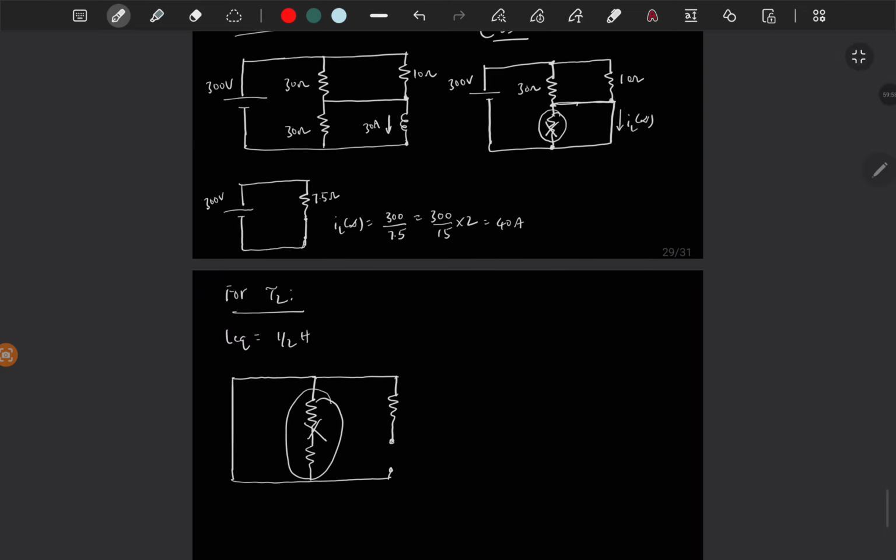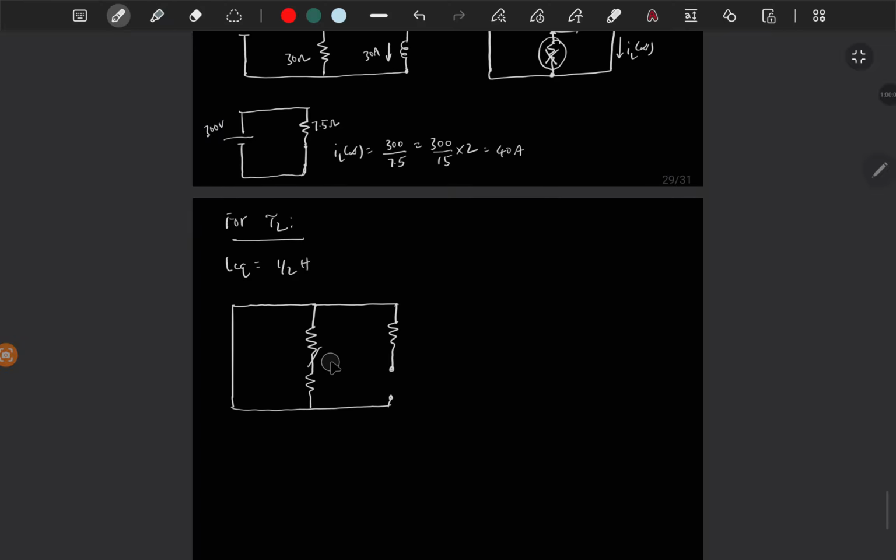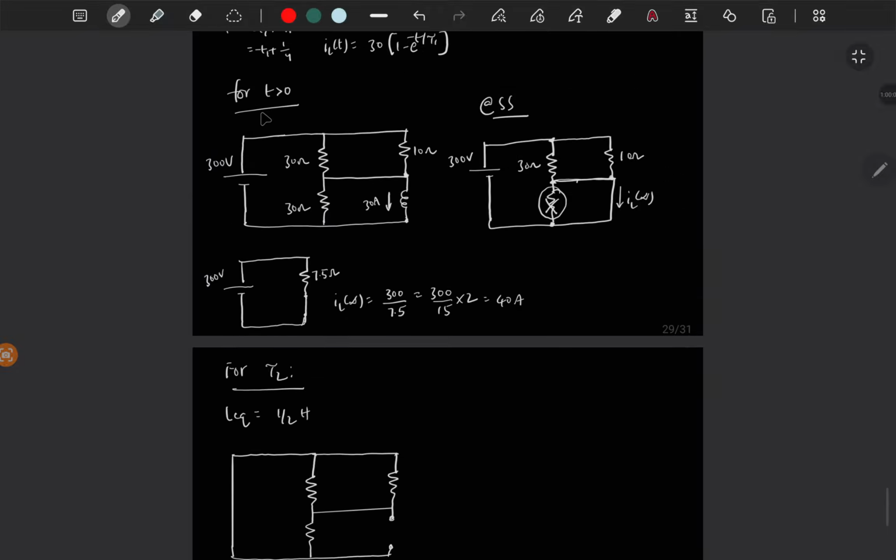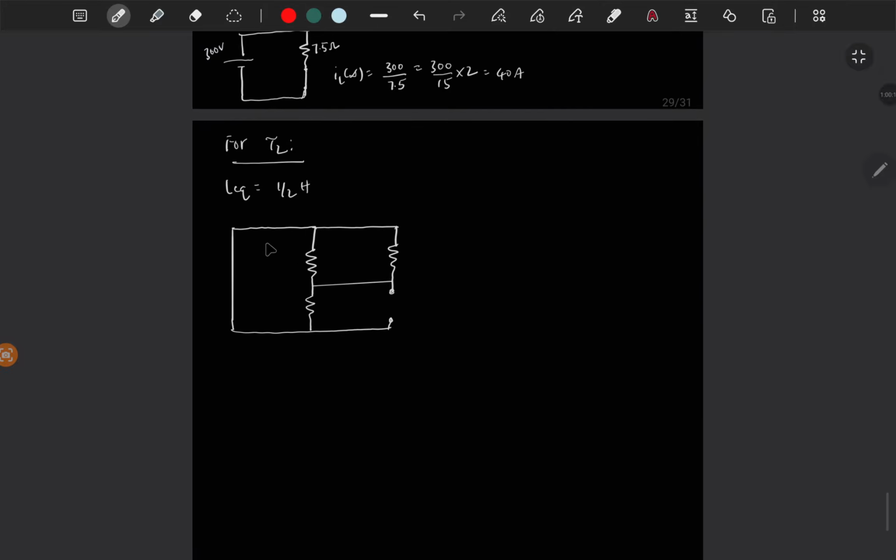Similarly, okay, you have short circuit here. Okay, so we are finding for t greater than 0, right? So the switch is closed and you have short circuit. So this terminal and this terminal are same, right?